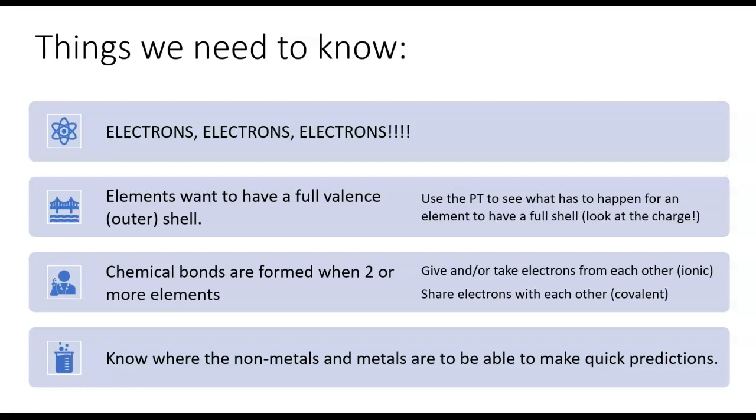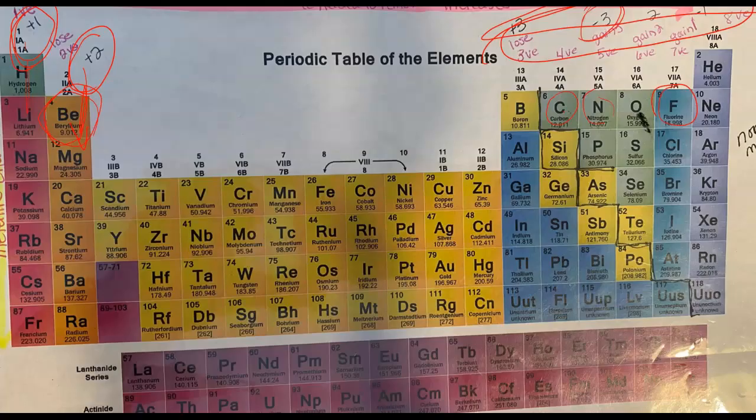The second thing that's going to be helpful for you to know, and again, keep those periodic tables handy, is knowing where the nonmetals and the metals are, okay? Because this is going to make a really big difference for you. These were all metals. Everything over here is going to be metals. Everything over here is going to be nonmetals. This is important because, for instance, ionic bonds only happen between a metal and a nonmetal.